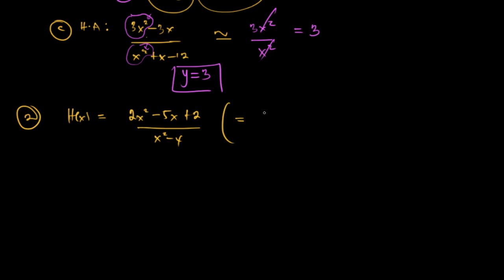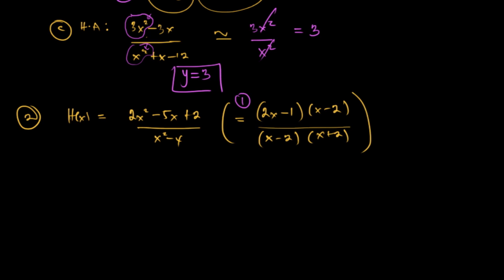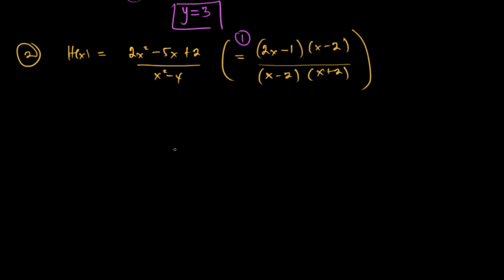When you factorize, the very first step is to factorize the denominator, so that's going to be 2x negative 1 into x negative 2, now divided by x negative 2 into x plus 2. So this is what you obtain. We want to find the domain of this function.